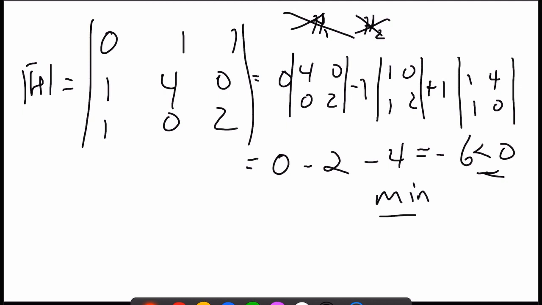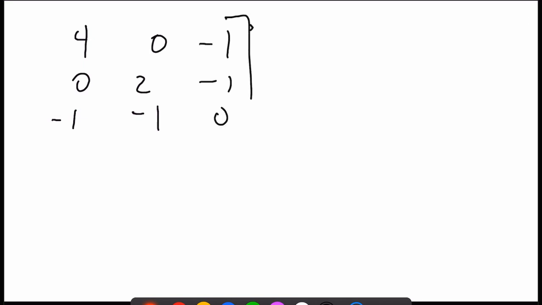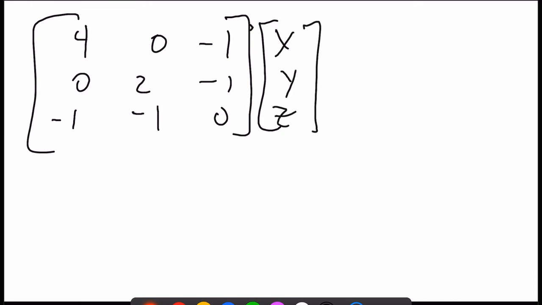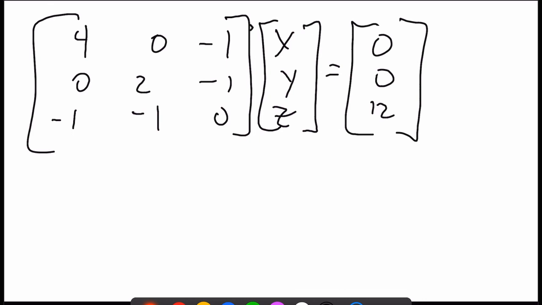Okay, fine. We can also write this out if we wanted to. The results we just got this way. And then use Cramer's rule to solve it, right?